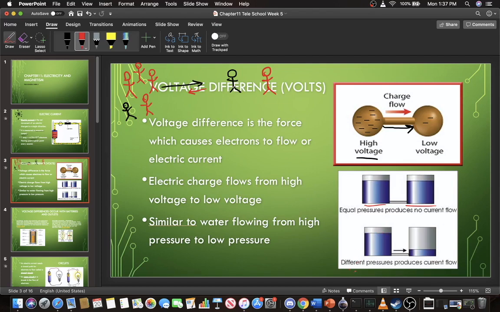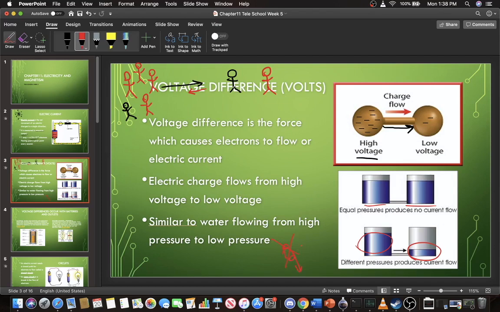But if you have different voltages, different numbers of electrons, the high number is going to want to go to the area of lower voltage or lower number of electrons, because if you remember correctly, electrons are kind of weird in the fact that they don't like to be next to each other. They like to be as far apart as possible.